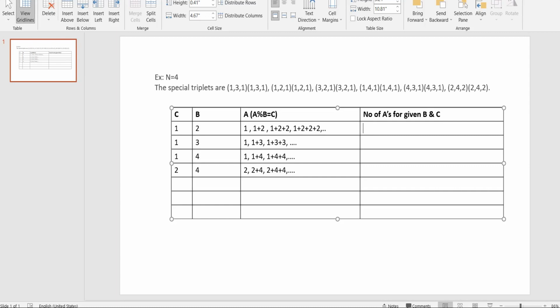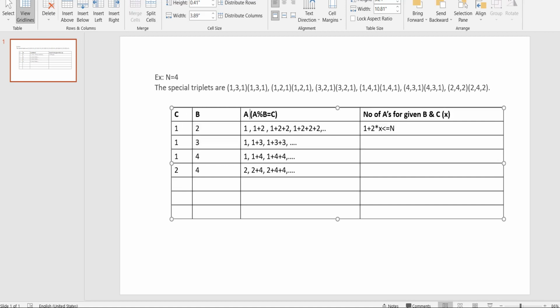So we know that 1 plus 2 into x, let's take this number to be x, should be less than or equal to n.